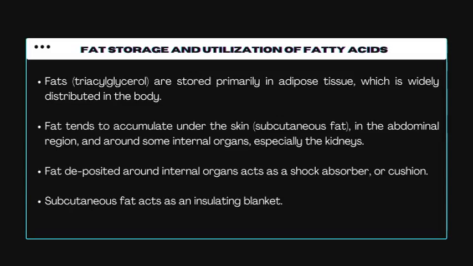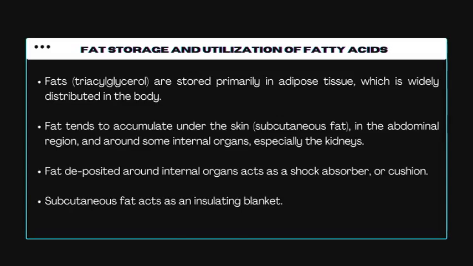Subcutaneous fat tends to gather under the skin, in the abdominal region, and around some internal organs, especially the kidneys. Fat deposits around internal organs absorb sudden impulses of energy, and these absorbers are called cushions.